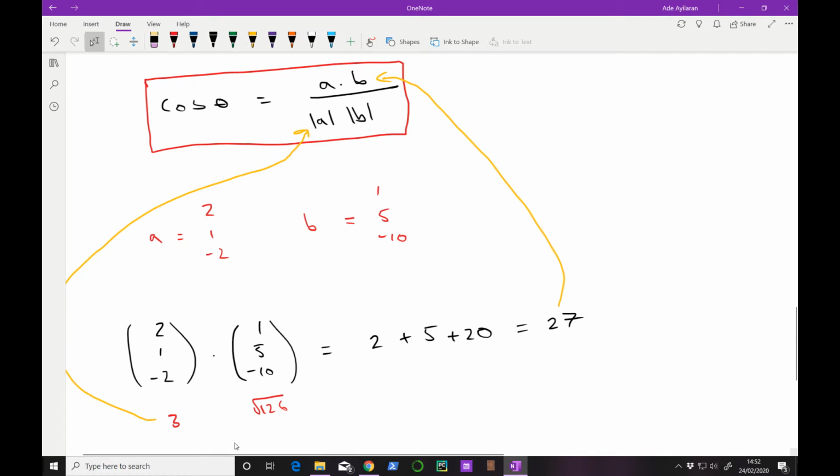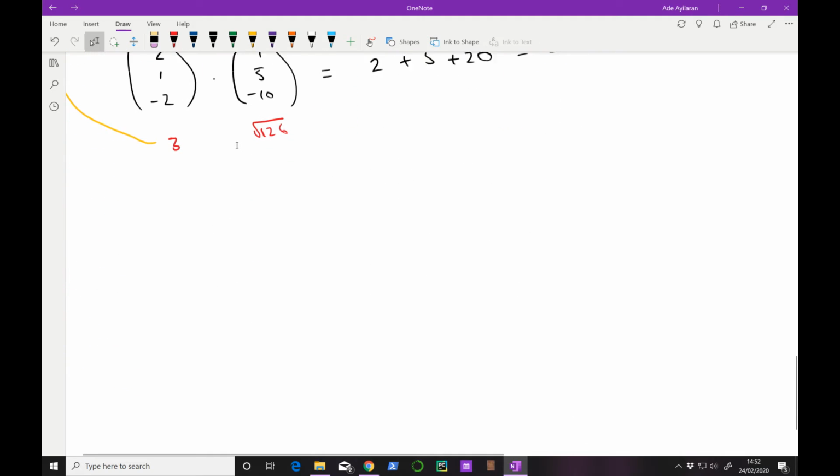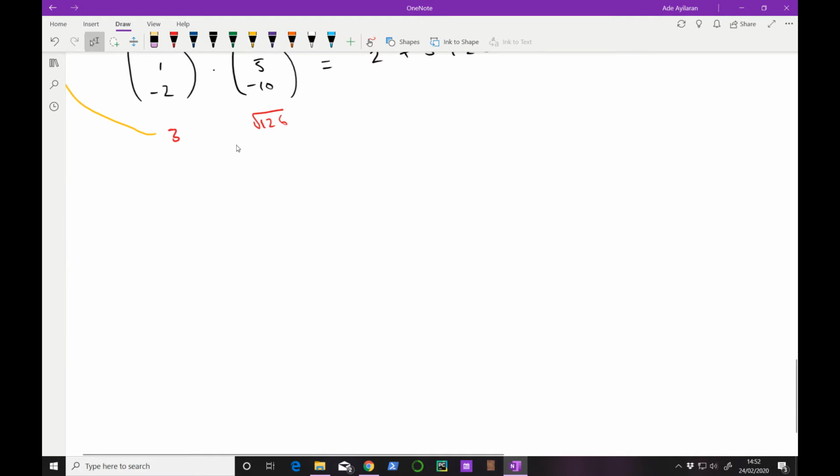So in essence, to find my angle, I'm just going to rearrange that and do the anti-cos. So it's going to be theta equals inverse cos of 27 over 3 root 126.